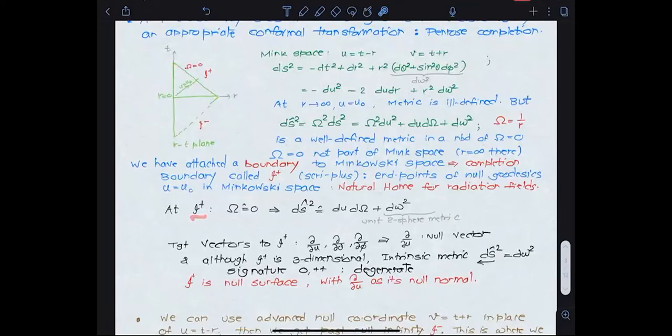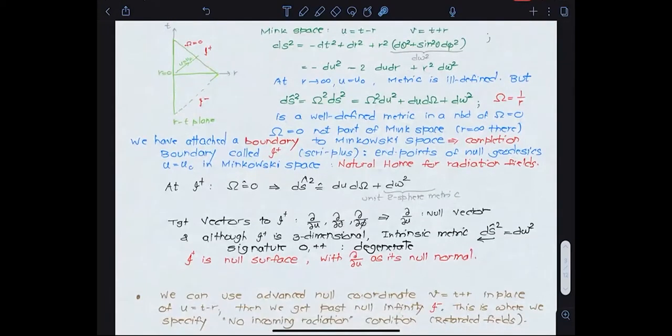So at scri plus, the 4-dimensional metric is just given by this, and this symbol, equal with a hat, will always mean evaluated at the boundary points, either scri plus or scri minus, most of the time at scri plus. So the tangent vectors to scri plus are going to be d by du, d by d theta, d by d phi, because here omega is equal to 0.